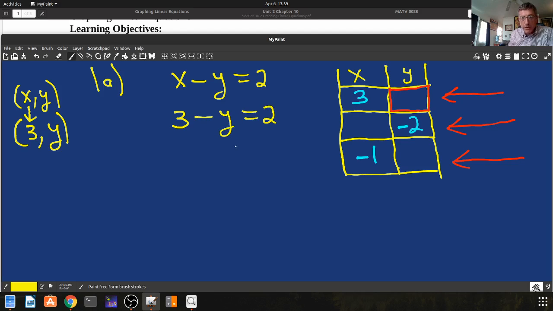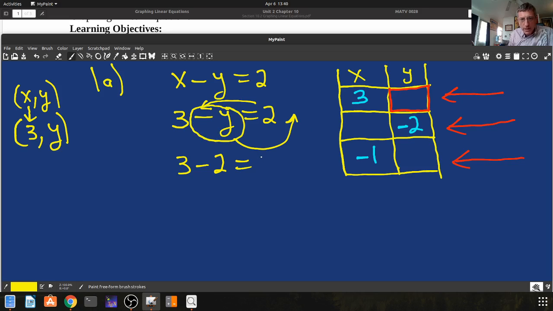So what I'm going to do is I'm going to move the y to this side, and I'm going to move the 2 over here. When I move the 2 across the equal sign, it becomes minus 2. And when I move minus y, I'm moving y together with its sign.